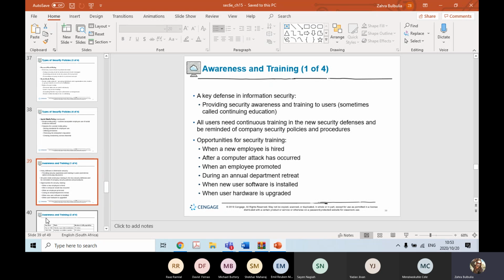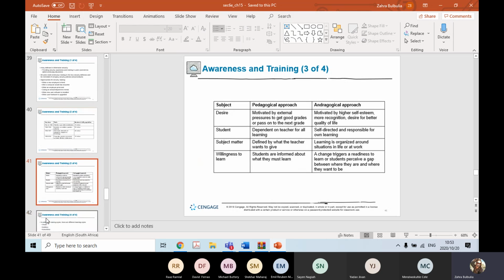During an annual department retreat, have a speaker come in and talk about security and how they can be more vigilant, or when new software is installed or new hardware is upgraded.